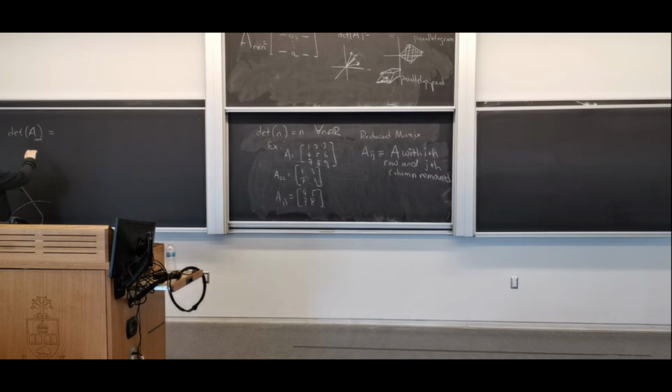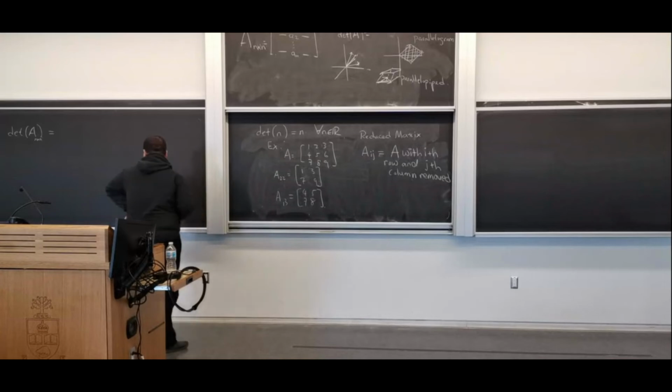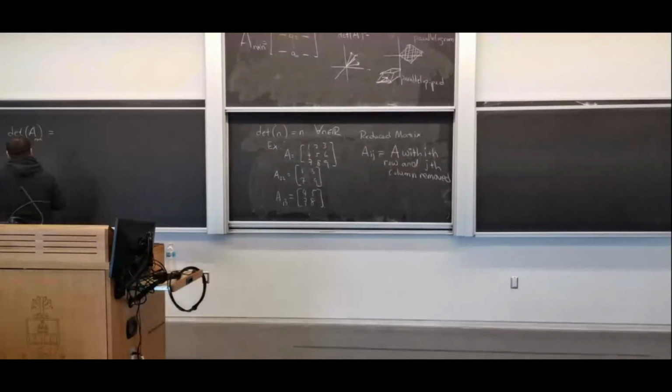So the way that you do it is you choose any row or any column. It does not matter which row or which column that you choose. So for this case, let's just choose a row. Let k be a number between 1 and n. So I'm going to choose the kth row.